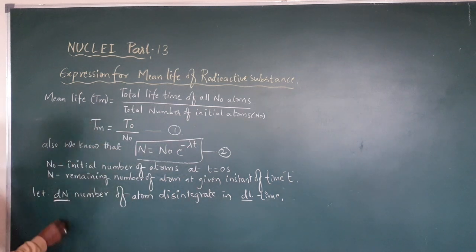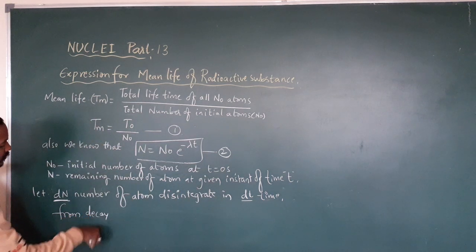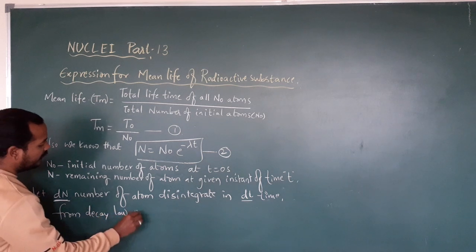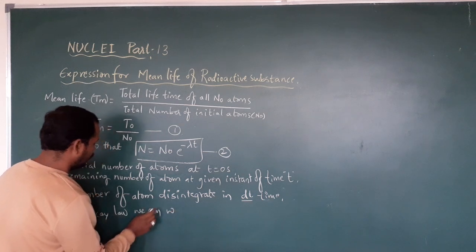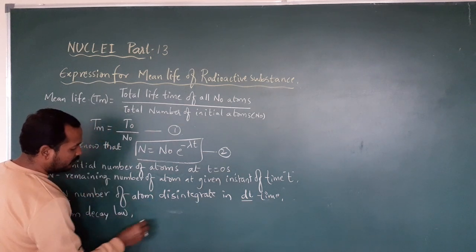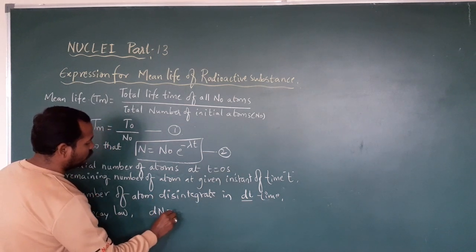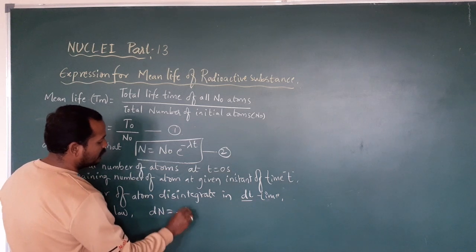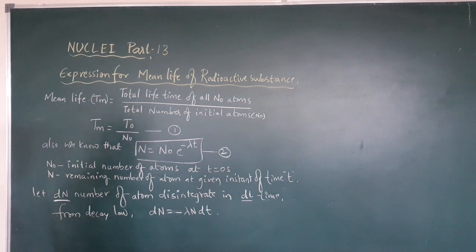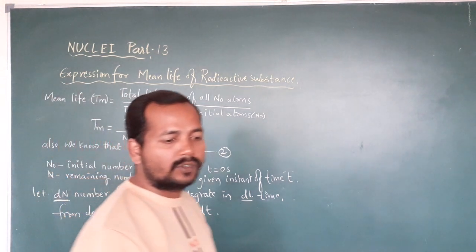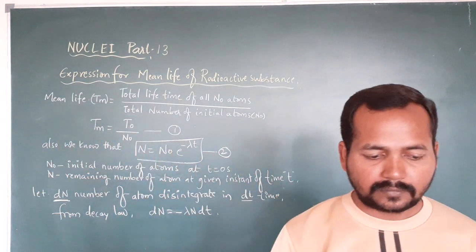From the decay law we have dN is equal to minus lambda into N into dt. Correct? dN is equal to minus lambda N dt.